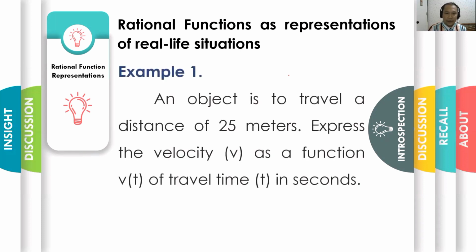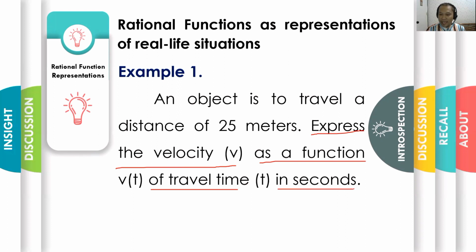Okay, now given a certain situation wherein an object is to travel a distance of 25 kilometers, meaning there is an object that will travel 25 kilometers. The question here is, express the velocity as a function of travel time in seconds.